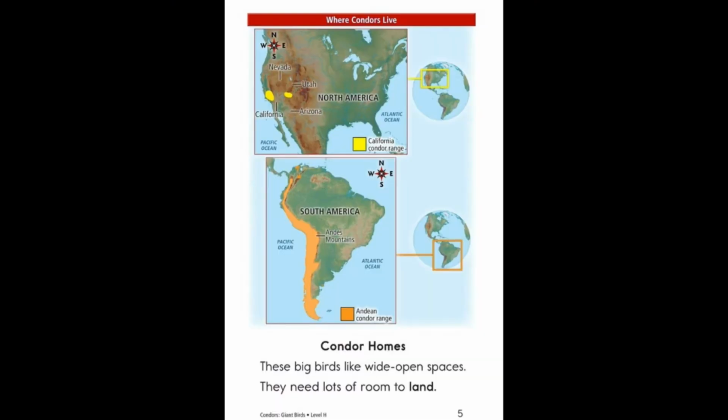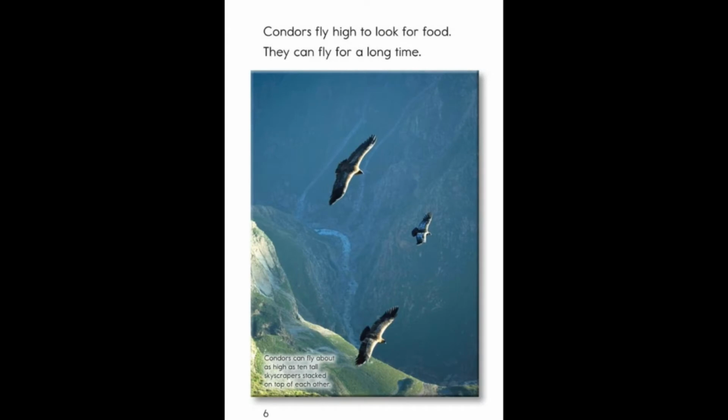Because I live in Virginia, and this bird is only native to South America and California, two places that I have never visited. So I never would have seen them. That's good to know. Alright, let's move on to the next page.